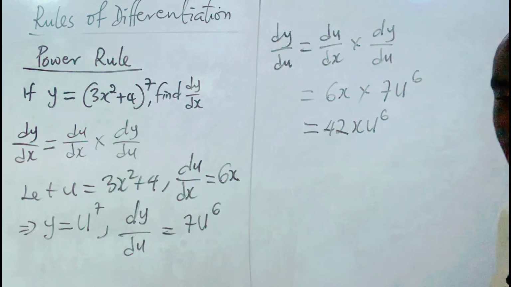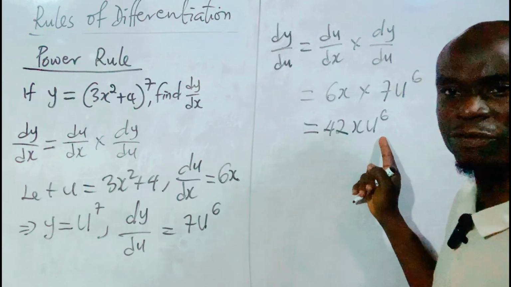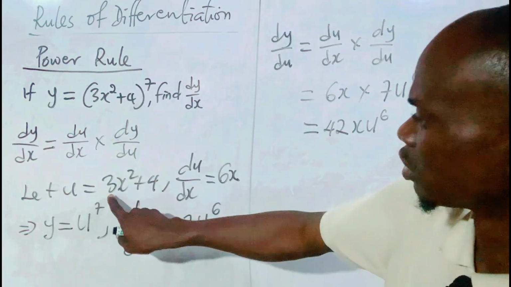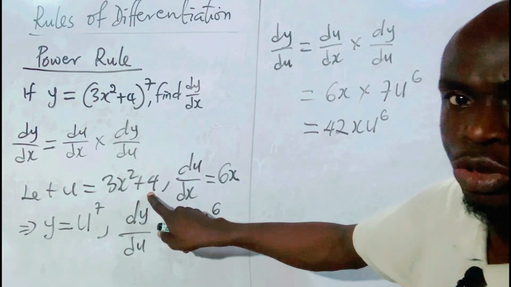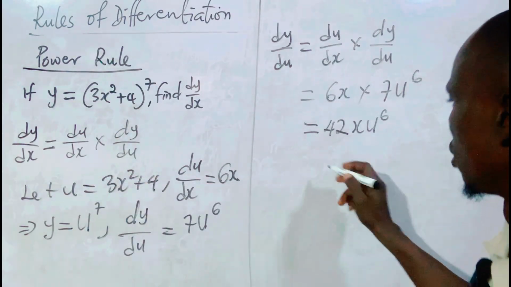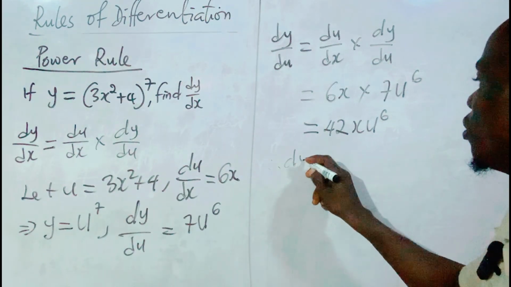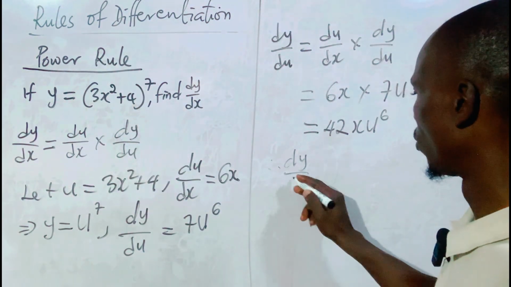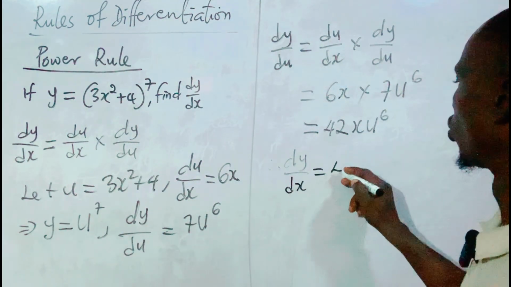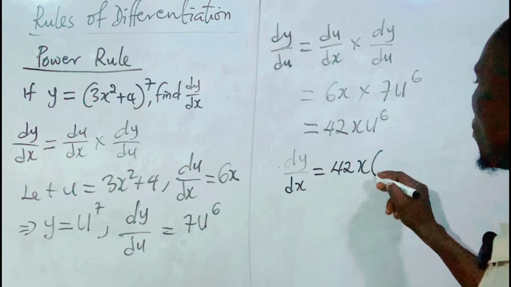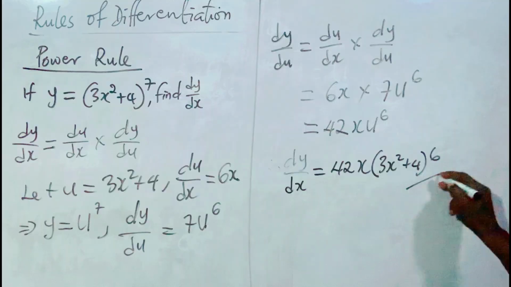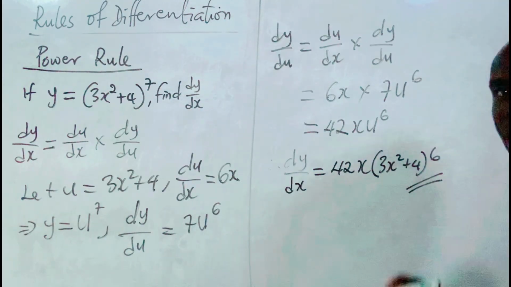This is my answer, but I don't need u in my final answer. So I have to go back and replace u. u was replacing the base, so I'm going to take the base to replace u again. So finally, dy over dx is equal to 42x bracket 3x squared plus 4 all raised to power 6. That's our answer.